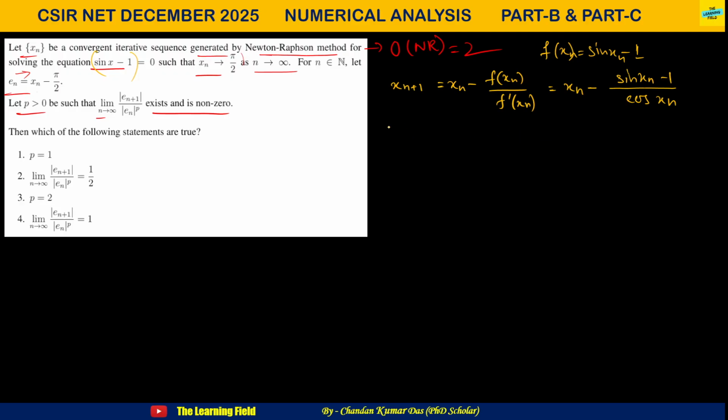Given that en equal to xn minus pi by 2. Therefore, xn equals en plus pi by 2. Similarly, xn plus 1 equals en plus 1 plus pi by 2.